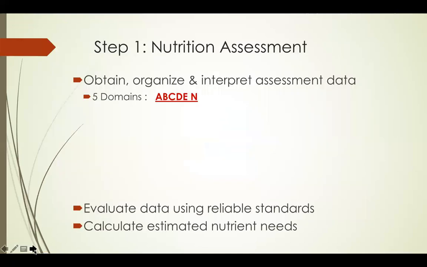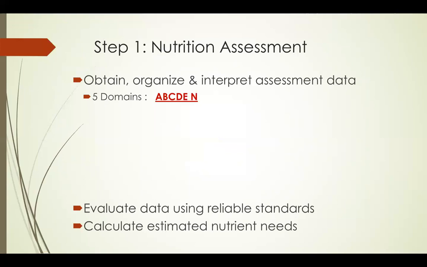So the very first part in the nutrition care process is nutrition assessment. And the domains of nutrition assessment can be kind of memorized with an acronym, A, B, C, D, E, and then N for nutrition. So during a nutrition assessment, the dietitian is going to determine whether a nutrition problem exists, whether a person needs a nutrition intervention now or in the future.